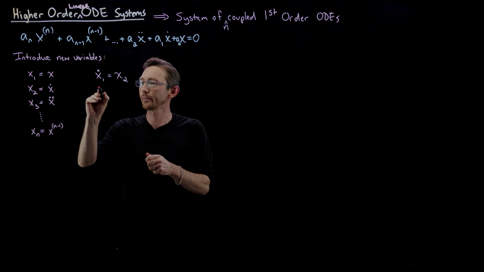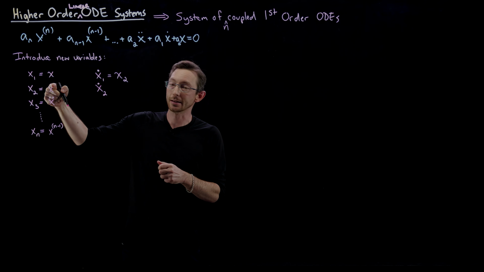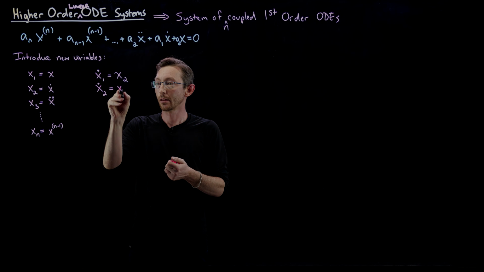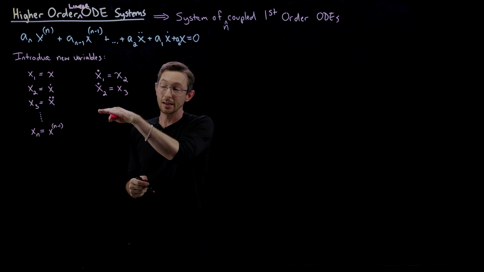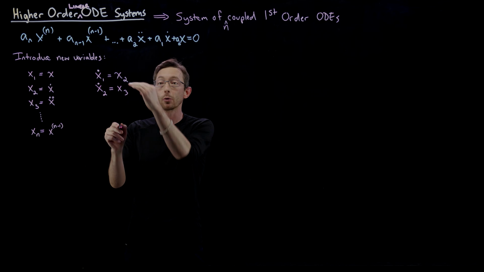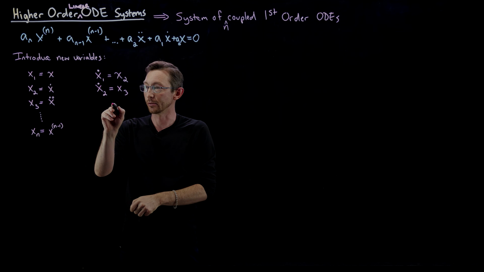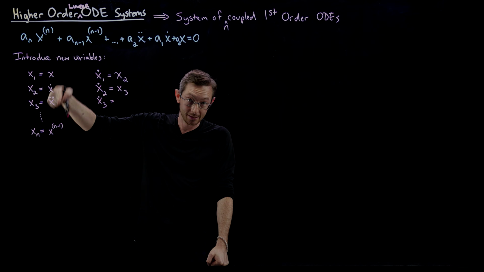Similarly, x2 dot, that's x dot dot, or x double dot, which is my state x3. And so on and so forth. So the ddt of xk is going to be xk plus 1. And that works for all of these rows until the very last one. So let's say x3 dot is going to be x double dot another dot.